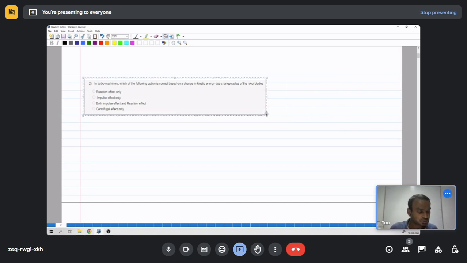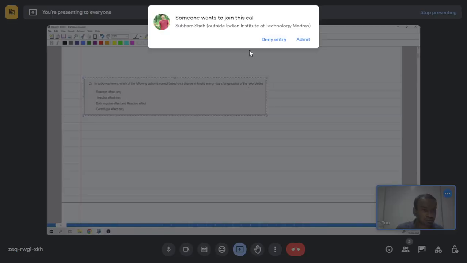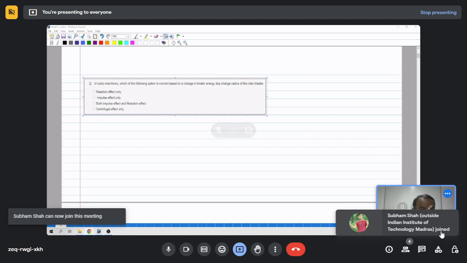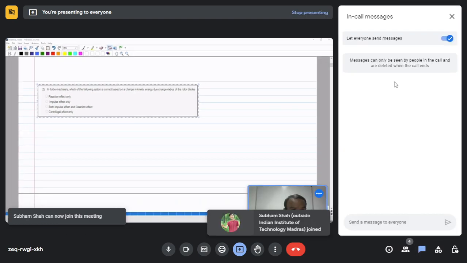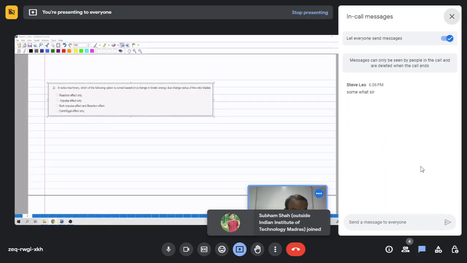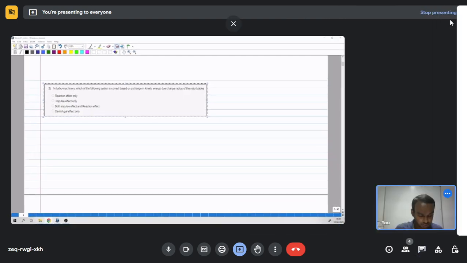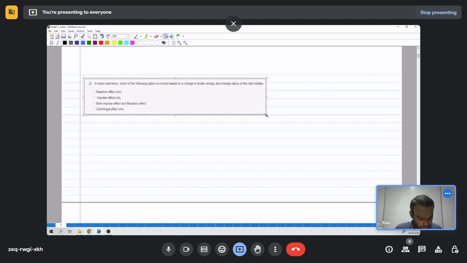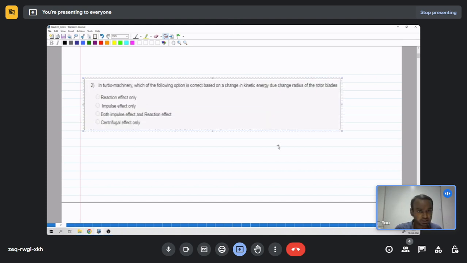Can you say if the text is visible in the chat box? Maybe it is better now.